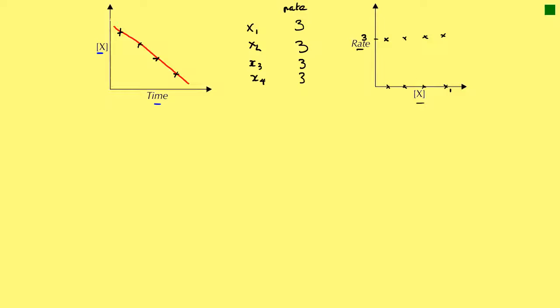So then we would plot our line of best fit. I meant to do that in red. So we plot our line of best fit there, and that's what we would get. And if we got a rate concentration graph like that, that would tell us that this reaction was a zero order reaction.